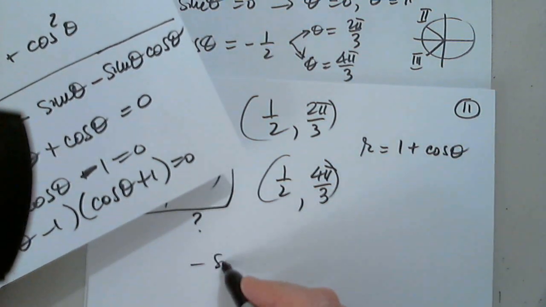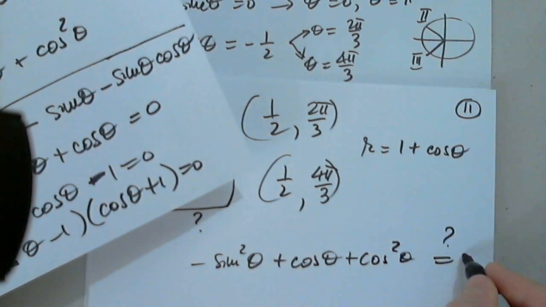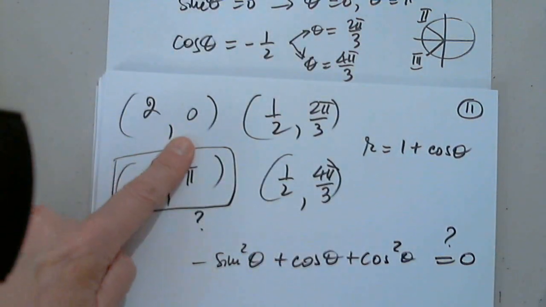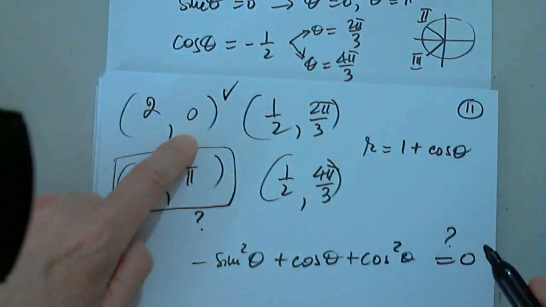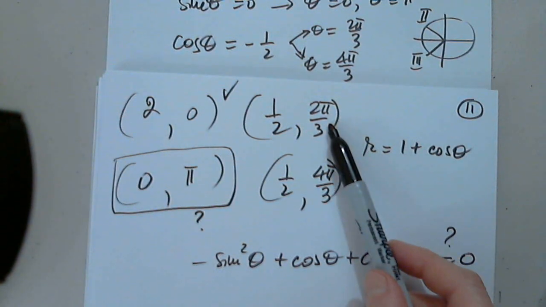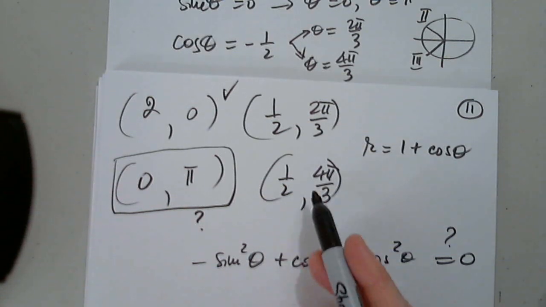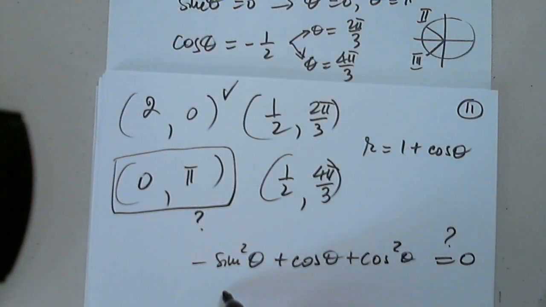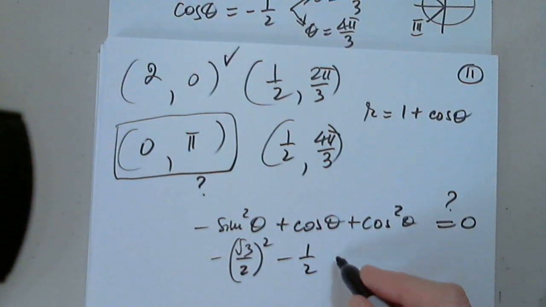The numerator is negative sine squared theta plus cosine theta plus cosine squared theta. If this is 0 for 0, this is 0, but yep, this is okay. For 2 pi over 3 and 4 pi over 3. So for 2 pi over 3, it doesn't matter because this is always positive. So this will be the square root of 3 over 2 squared, and this is negative 1/2, and this is plus 1/4.